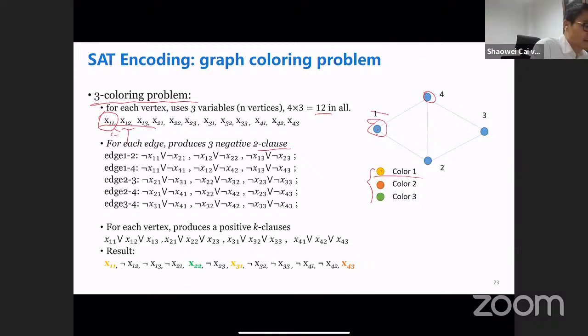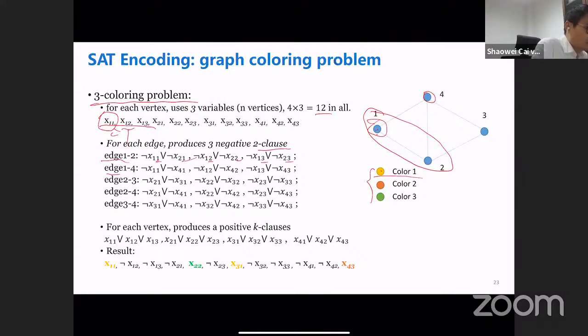Let's take this edge, for example. Node 1 and node 2 are adjacent, so they cannot be colored with color 1 at the same time. They cannot be colored with color 2 at the same time. They also cannot be colored with color 3 at the same time. And for every edge, we have these clauses.